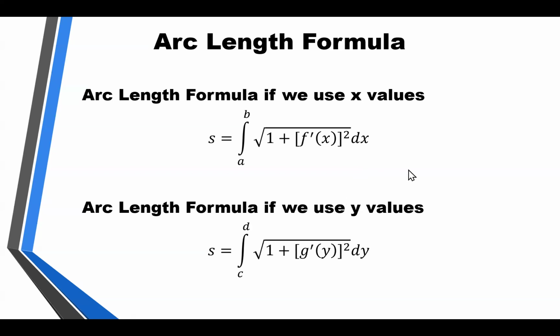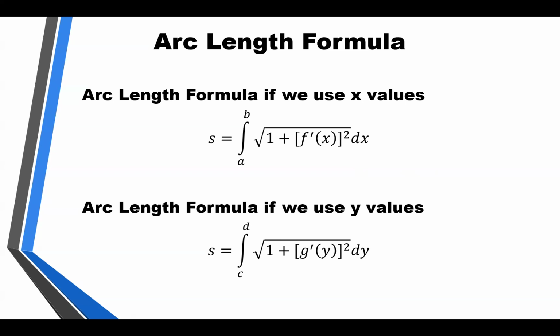Now you can solve for y. You could have x as a function of y, and so we can use g of y as our function there. If we do that, then everything stays the same except we're using y bounds now. So traditionally we'll start with c and end at d.